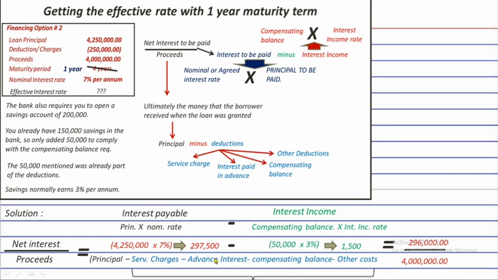And sometimes, guys, these deductions, you need to remember this. These are sometimes called flotation costs. So here's the spelling, flotation costs. And that's it for the denominator. So, the real interest rate that you are paying if you are the debtor in this problem is 296,000 over 4 million. And that's 0.074 or 7.4%.